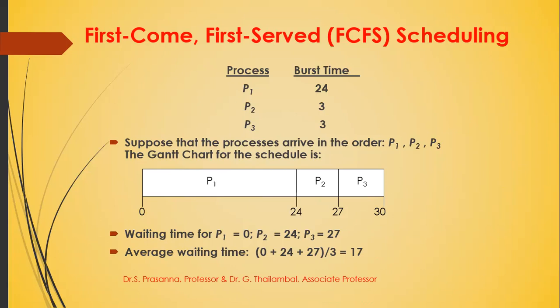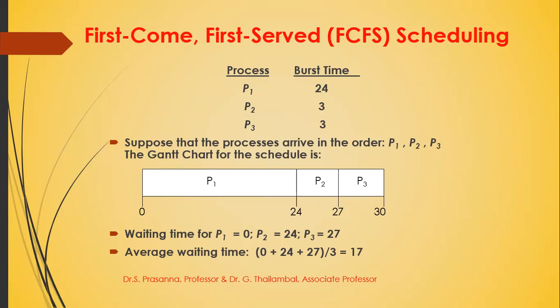What is the waiting time for each and every process? We have to calculate. The waiting time of P1: it starts from 0 milliseconds, so it doesn't wait for its execution. Therefore the waiting time for P1 is 0. What is the waiting time of P2?